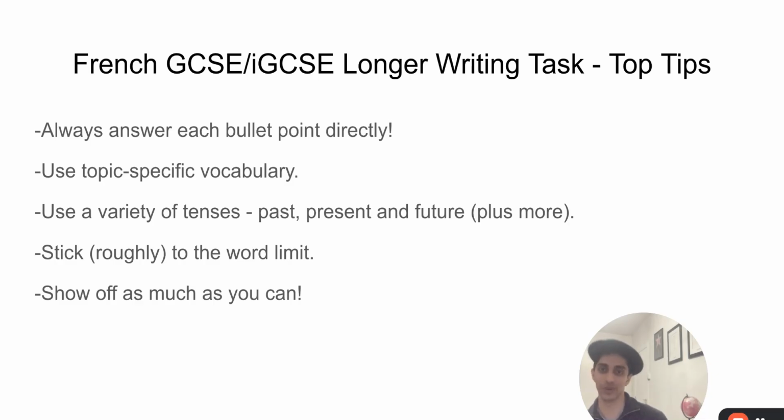So this is where it's particularly different from the shorter writing task. For the longer writing task, if you want to go to the top marks, you really do need to vary your language and to show off. I'll show you what I mean shortly by showing off, but using different verb forms, potentially even varying your vocabulary as well, although the focus is normally even more on grammar.